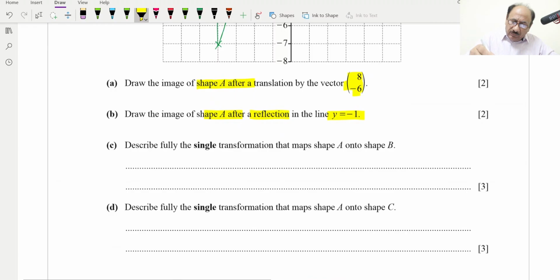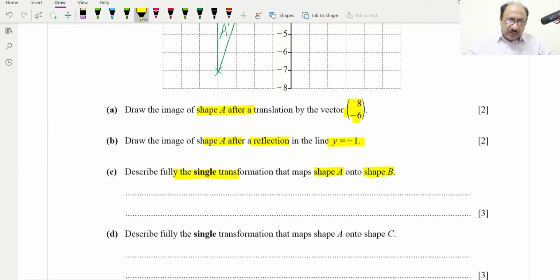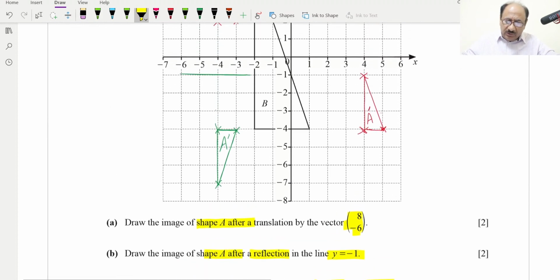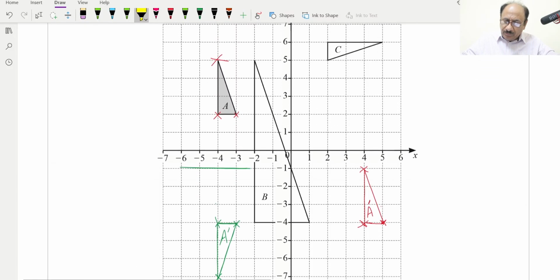They are saying describe fully the single transformation that maps shape A onto shape B. So we will check shape A onto shape B. We can draw the lines to check what type of transformation it is, and we can see that B is bigger than A, so it is an enlargement, but we have to find the other requirements.